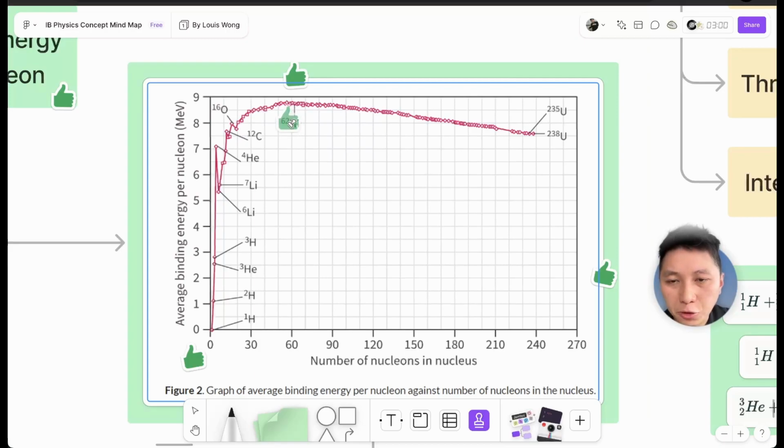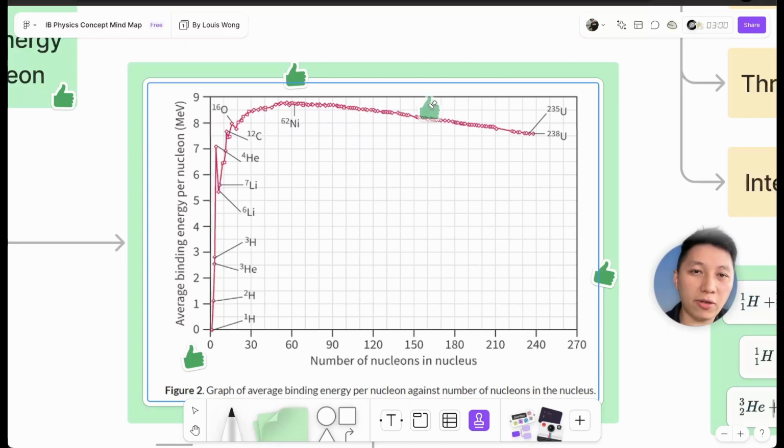So for sure, iron and nickel are the boundary where you do the cutoff. For the elements on the left, you should do fusion, so the binding energy will increase after you combine them. I think this is something you have to remember: when they go up, you get energy.